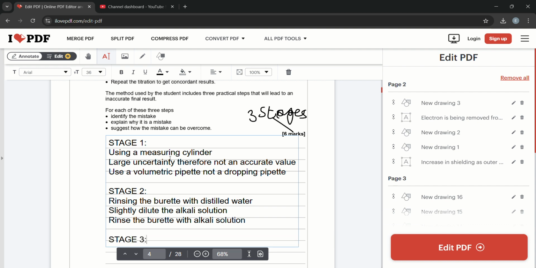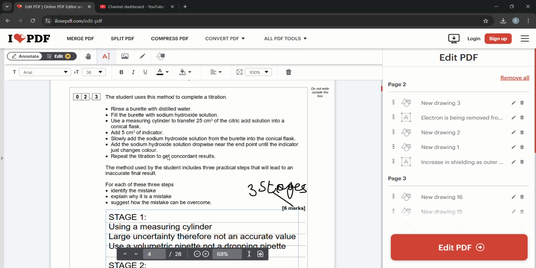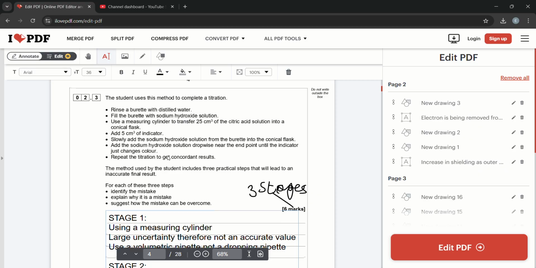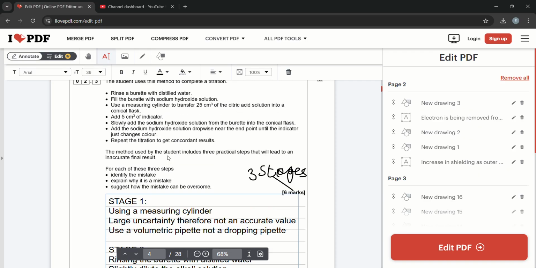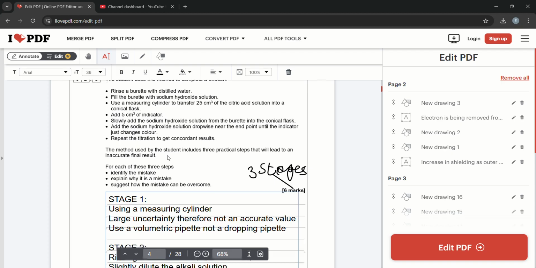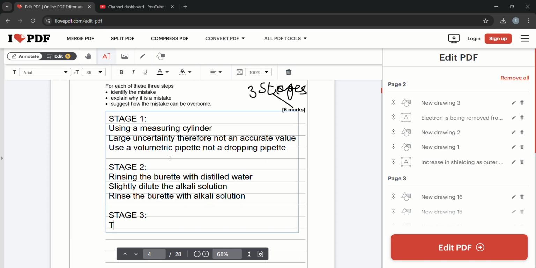Stage 3. Add sodium hydroxide solution drop by drop until the endpoint, till the indicator changes color. Add 5 centimeters cubed of the indicator. Too much indicator is added, and this may react and affect the endpoint reading.